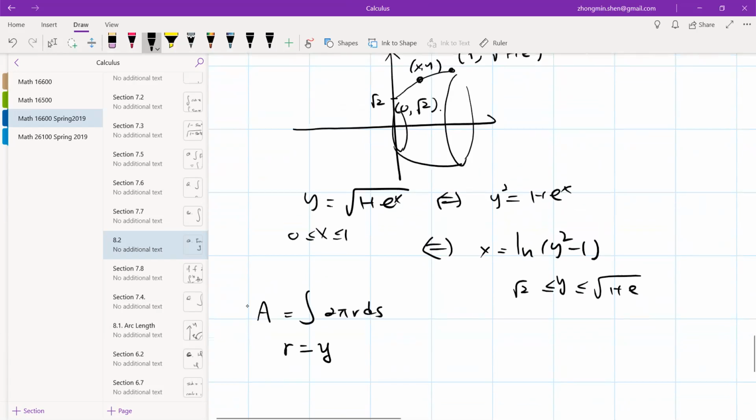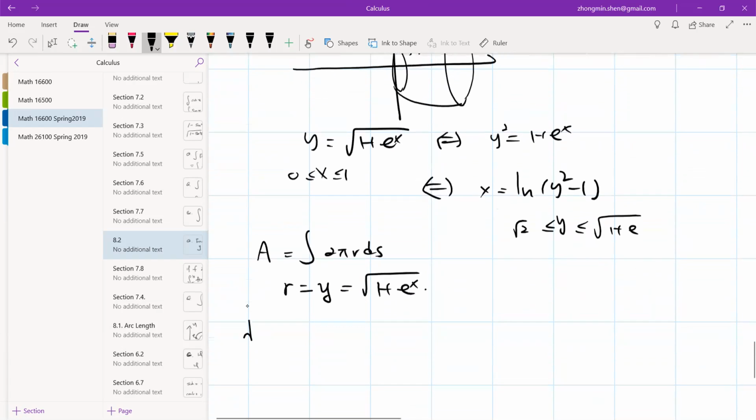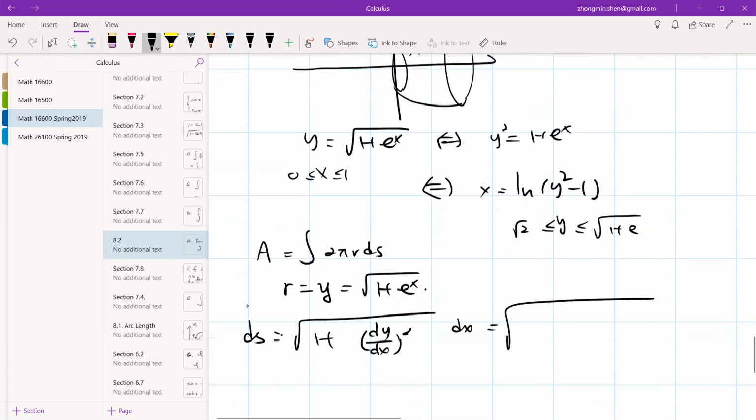If we use the x variable, that's going to be the square root of 1 plus e to the x. Then ds could be the square root of 1 plus (dy over dx) squared, dx. The derivative of this you just differentiate, that's what you get.